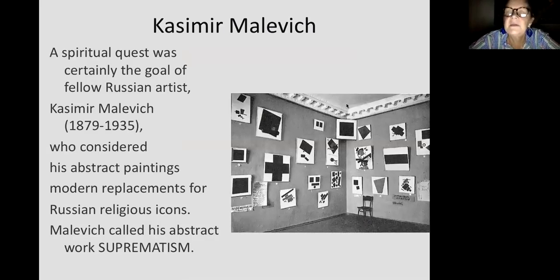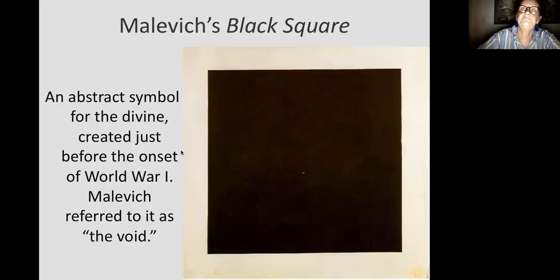In his first major exhibition, Kasimir Malevich put the black square in the honored place of the Russian religious icon. He considered this an abstract symbol for the divine. It was created just before the onset of World War I. In other words, in a very troubled Russia and a very troubled Europe. And he referred to it as the void.